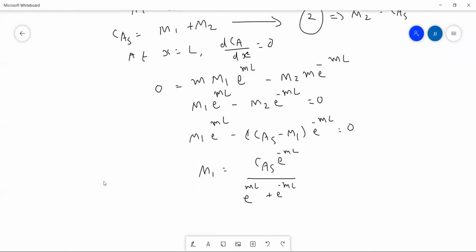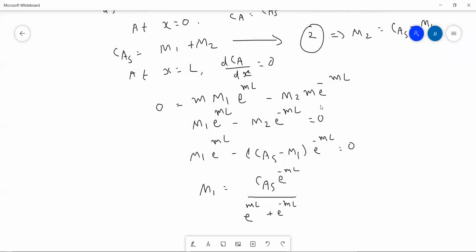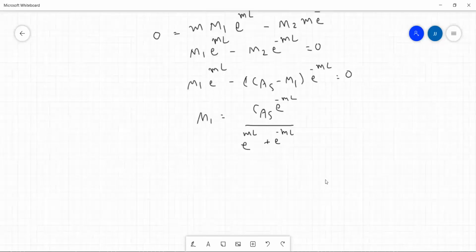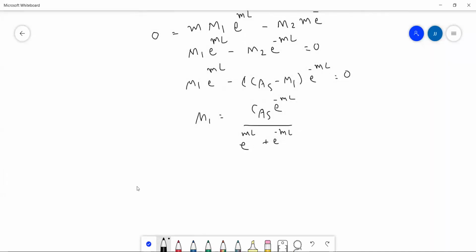Let me write this equation first: CAS is equal to m1 plus m2. Now substitute the value of m1.